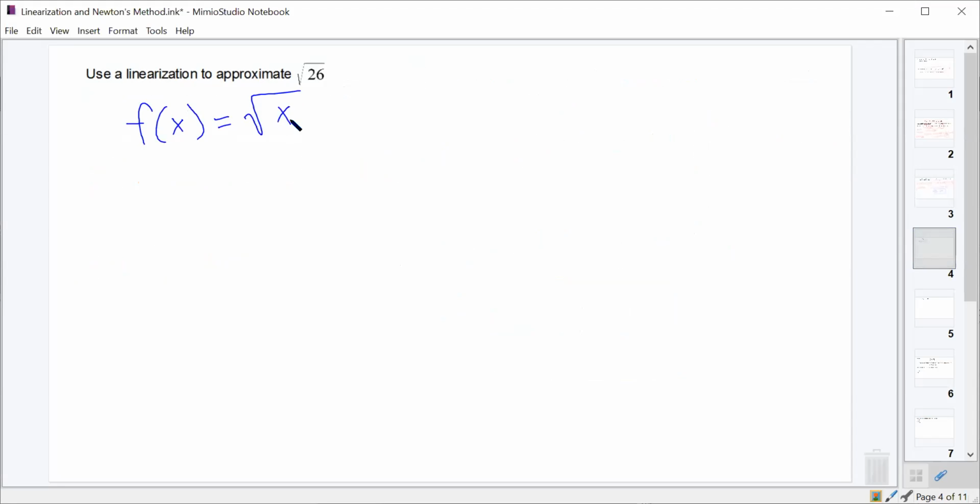Yeah? Everybody good with that? And what value that's very close to 26 do we know the square root of? 25. So we will center our approximation at a equals 25 because we know what the square root of 25 is, and our x value will be 26.